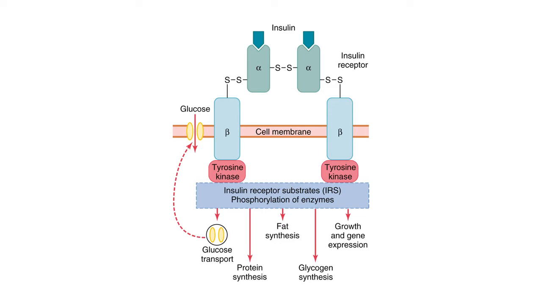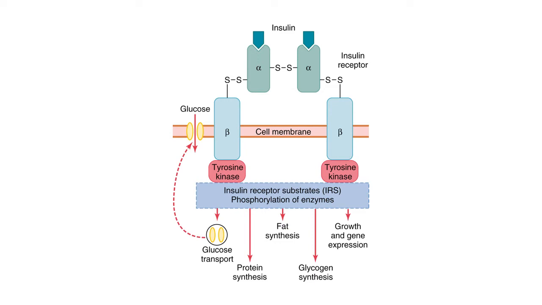So again, the insulin receptor has two subunits, an alpha or extracellular subunit and a beta subunit, which has a transmembrane property and therefore has an intracellular component.